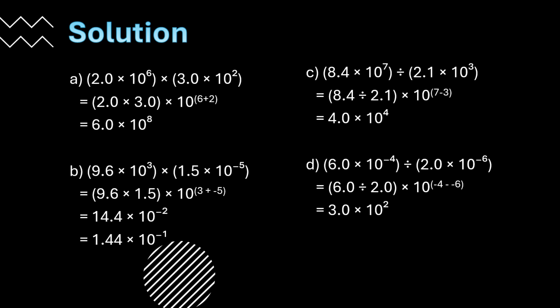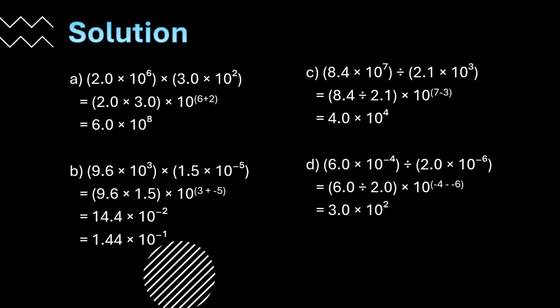And lastly, for letter D, the given is 6.0 times 10 to negative 4 divided by 2.0 times 10 to negative 6. Now take note that all of the exponents here are in negative sign. Okay? So that will be 6.0 divided by 2.0 times 10, and the exponents negative 4 minus negative 6.